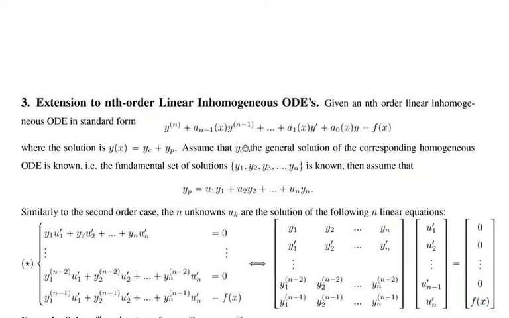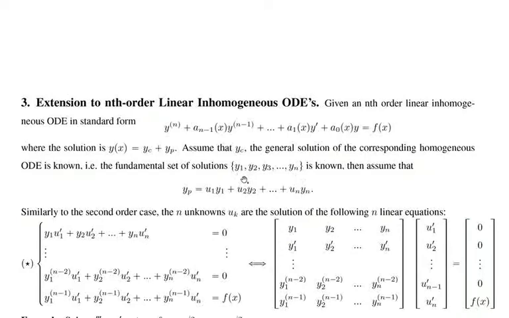So we're going to assume at this point that we already know the complementary solution. So we have already found the fundamental set of solutions y1, y2, y3 up to yn. And our goal is to find a particular solution.